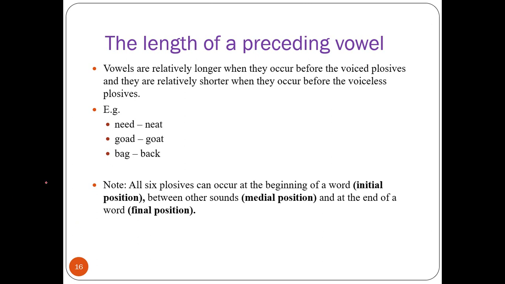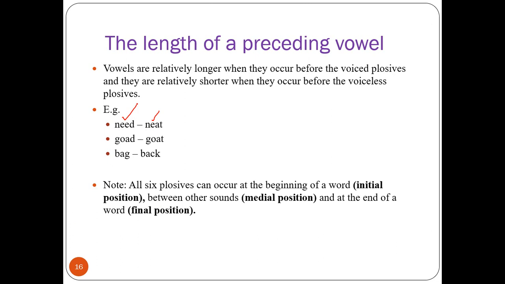Look at the examples here. This one, "need", and this one, "neat". You see here that the vowel is one and the same. It is E, in the word "need" and in the word "neat".